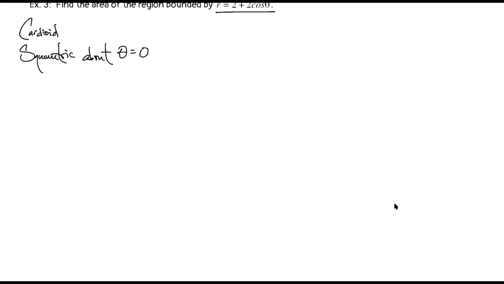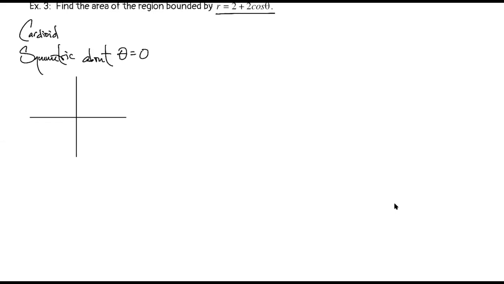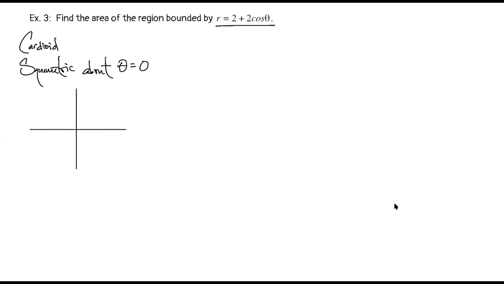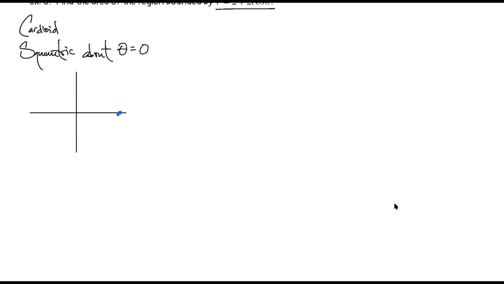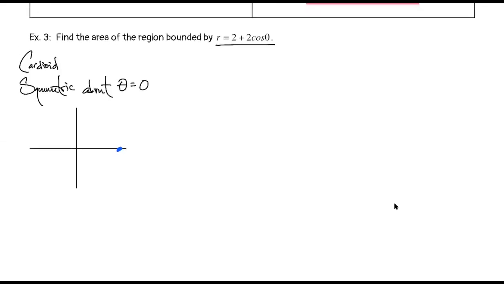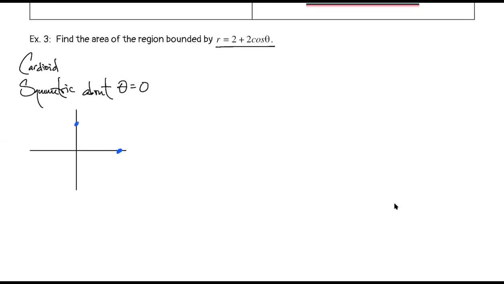And I can sketch a quick picture. I tend to use the XY coordinates when I'm sketching, just so I don't have to draw out a bunch of circles. But if I wanted to do a quick sketch of this graph, I know that 2 plus 2 gives me the 4 out here. And then my A and B values tell me where it intersects here.